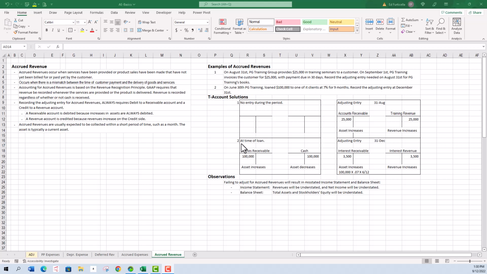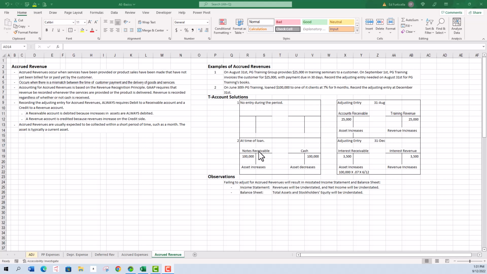All right, so what we do here at the time of the loan, we debit notes receivable and credit cash. We debit notes receivable because this is an asset and it represents money that one of our customers owes us. We don't use accounts receivable, we use notes receivable here because it's a formal document that has been signed with us.